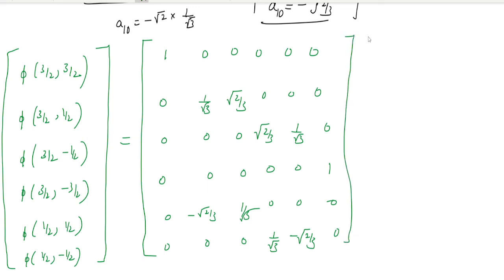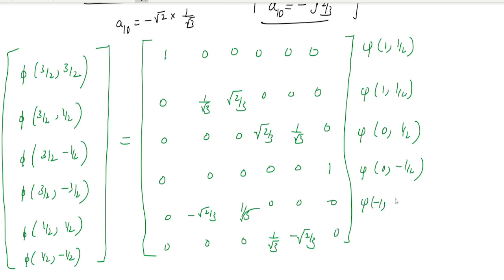Finally finish this topic. 1 divided by 2. This is wave function psi 1 comma 1 divided by 2. This wave function psi 0 comma 1 divided by 2. This wave function psi 0 comma minus 1 divided by 2. This wave function psi minus 1 comma 1 divided by 2. Wave function psi minus 1 comma minus 1 divided by 2.